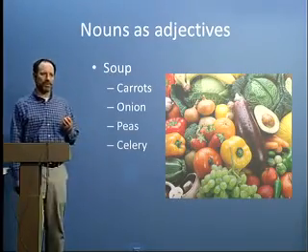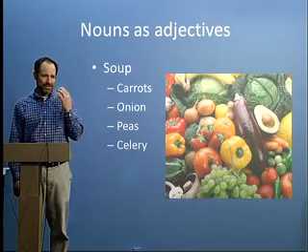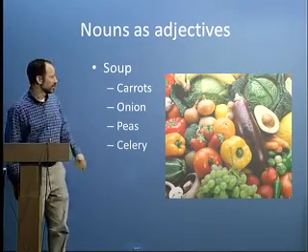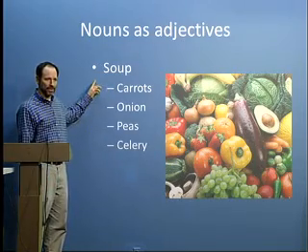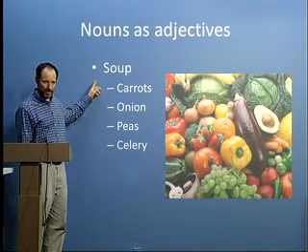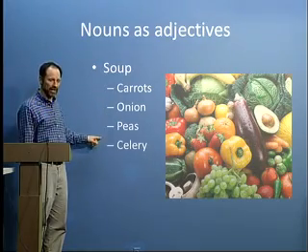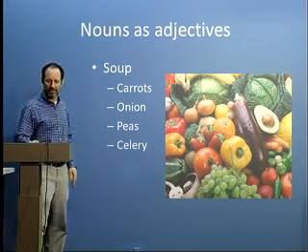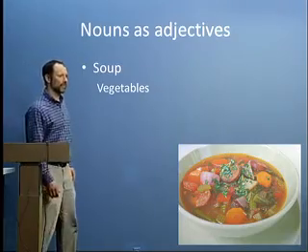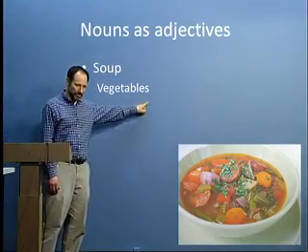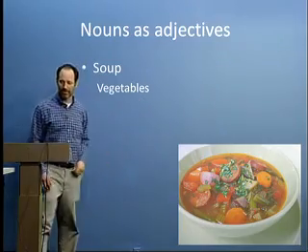This is where some of the confusion happens, because sometimes I use a noun as an adjective. Take, for example, this soup that I'm going to make. In this soup, I'm going to put carrots, onion, peas, celery. I'm putting all these things in the soup. So, in other words, it's soup that has a lot of different vegetables, many different kinds of vegetables.